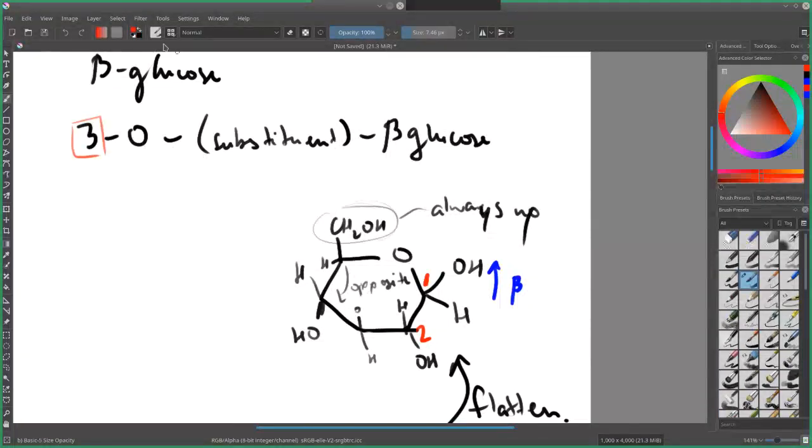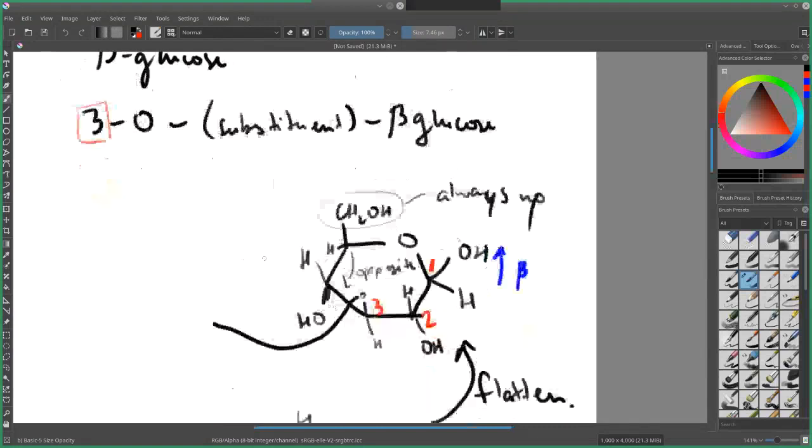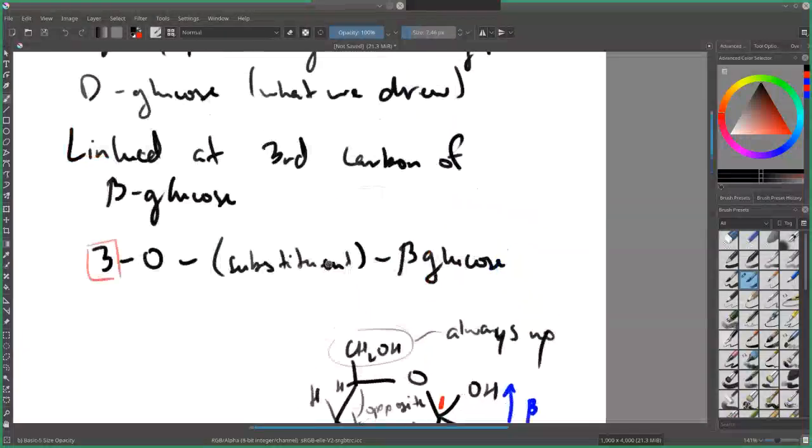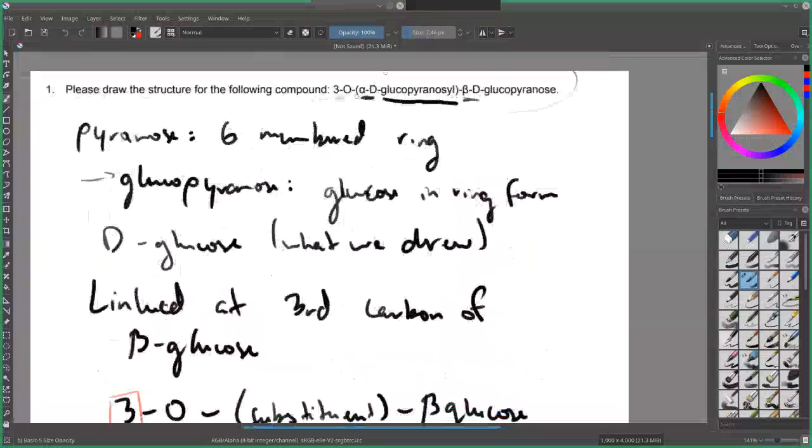Okay, and this was number 3. So maybe I'll draw a bond coming out like this, which is a little ugly, but that's okay. And this is alpha glucose.